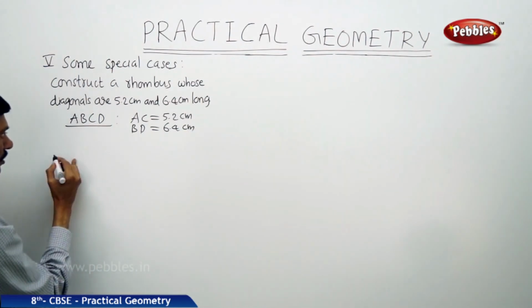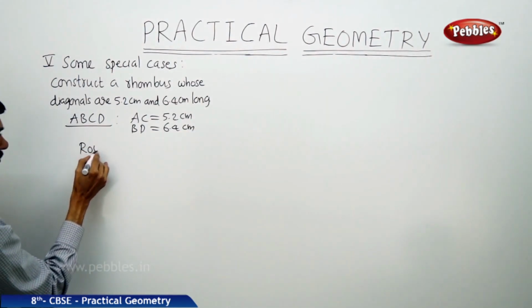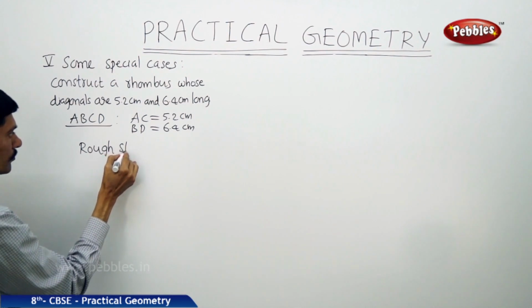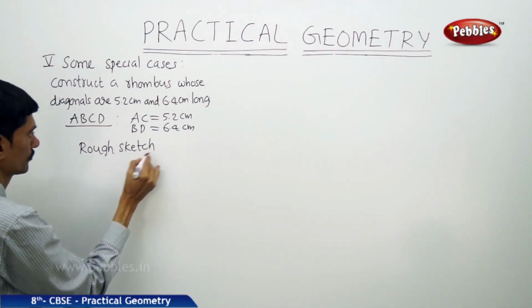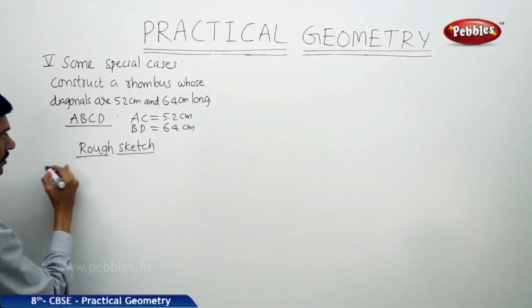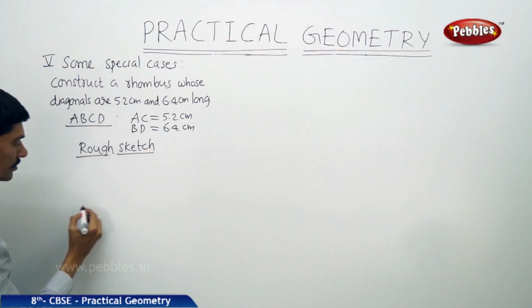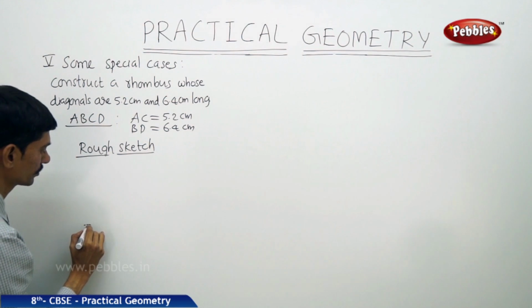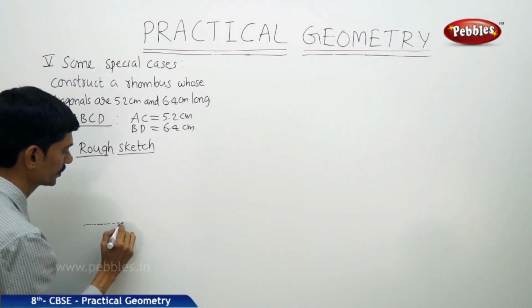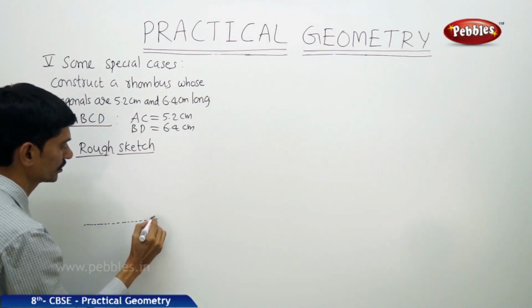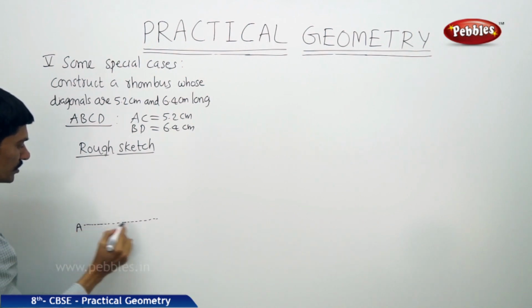So first we will draw the rough sketch. First we will draw the diagonal AC equals to 5.2 centimeters. Draw a dotted line to represent it is a diagonal.